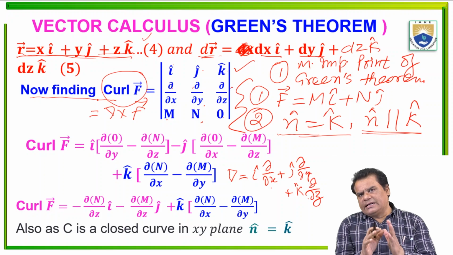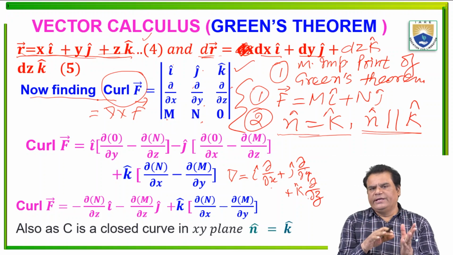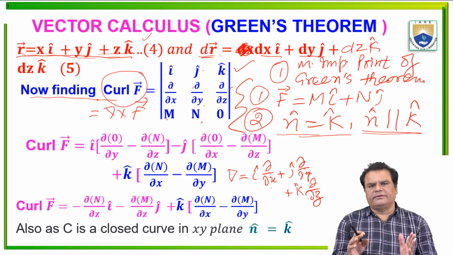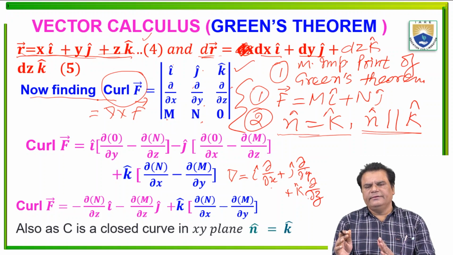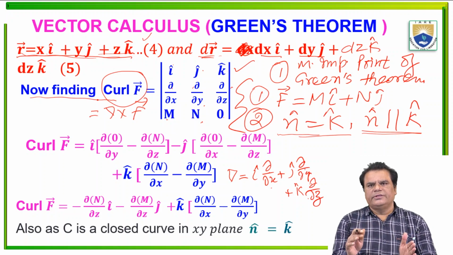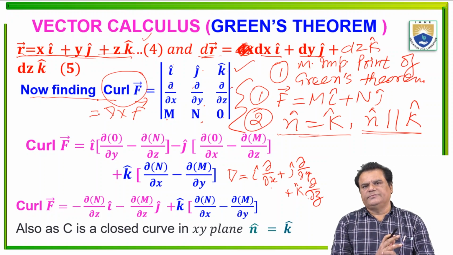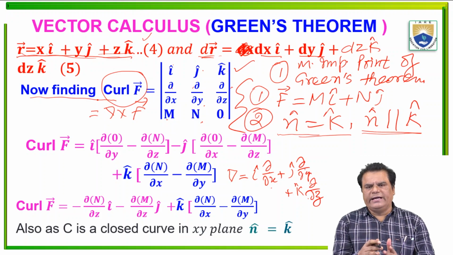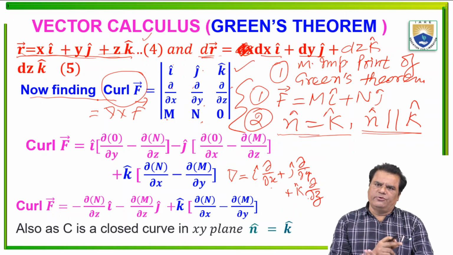So when we find the curl f, that is known as del cross f. Del is a vector and f is a vector. Both are three-dimensional vectors with i, j, k. So now in the first row we write i, j, k. I, j, k are unit vectors. And in the second row, we take the coefficients of i, j, k in the first vector del: the coefficient of i is dou over dou x, the coefficient of j is dou over dou y, the coefficient of k is dou over dou z.